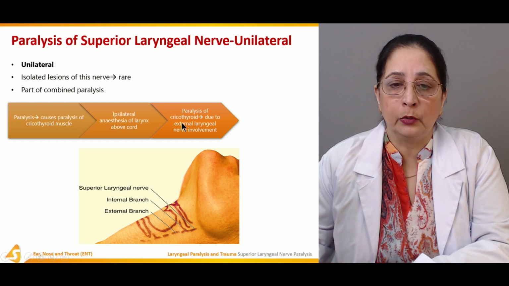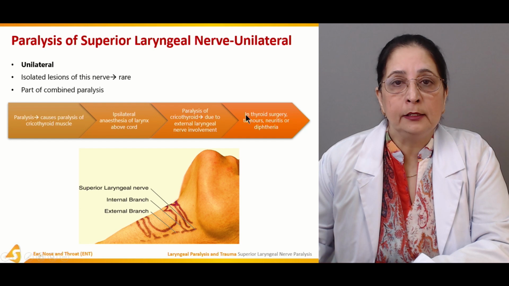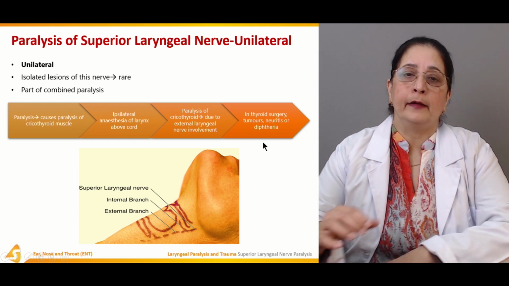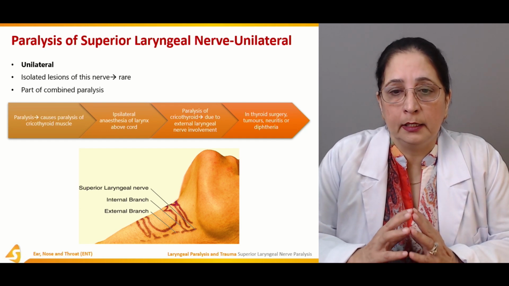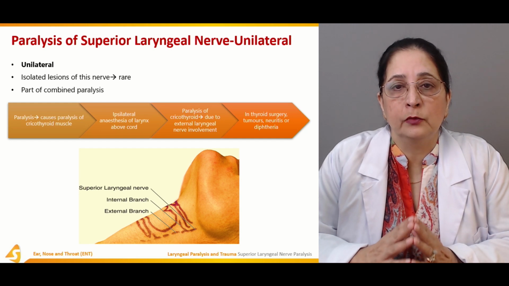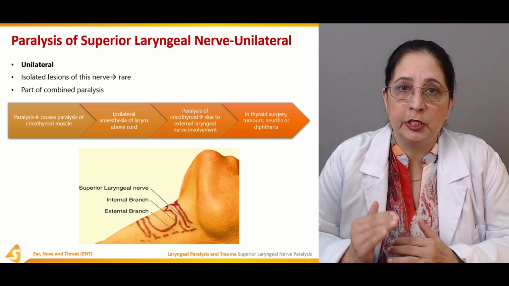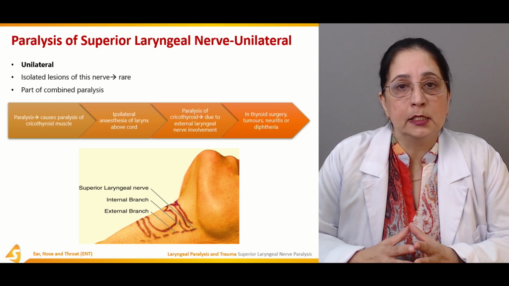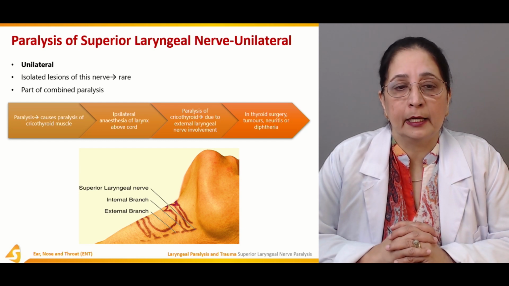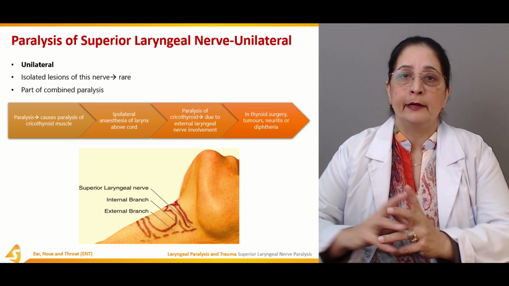Paralysis of cricothyroid due to external laryngeal nerve involvement occurs in thyroid surgery, tumors, neuritis, or diphtheria. All these are causes of paralysis of the superior laryngeal nerve that can cause unilateral paralysis.